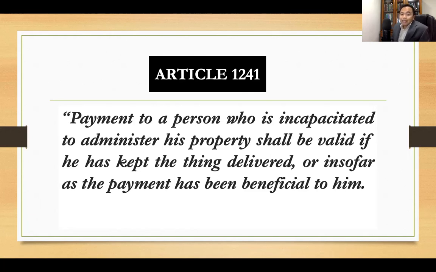A minor is incapacitated to administer his property. Is the payment valid? It depends. If the minor or the incapacitated person has kept the thing delivered, or insofar as the payment has been beneficial to him, the payment will be valid.